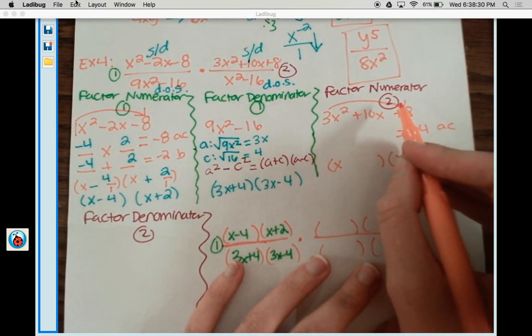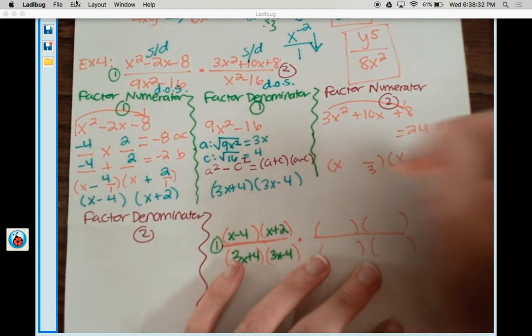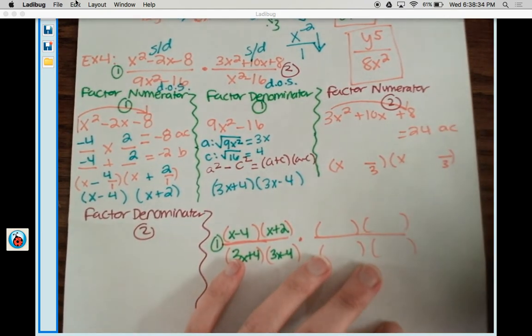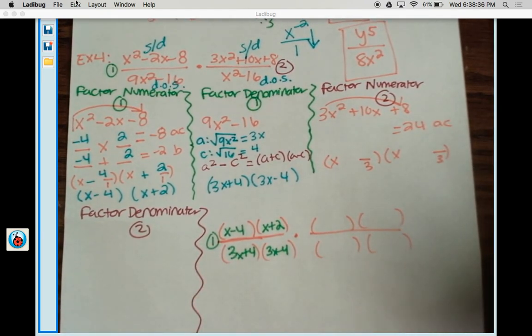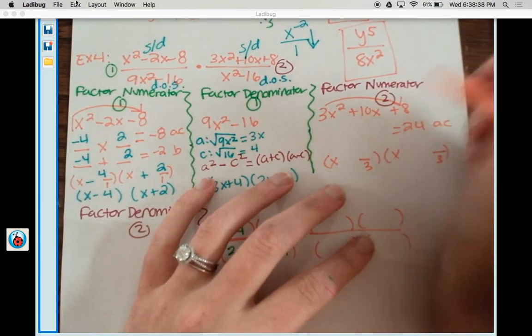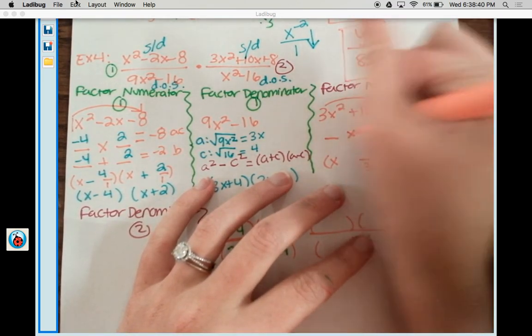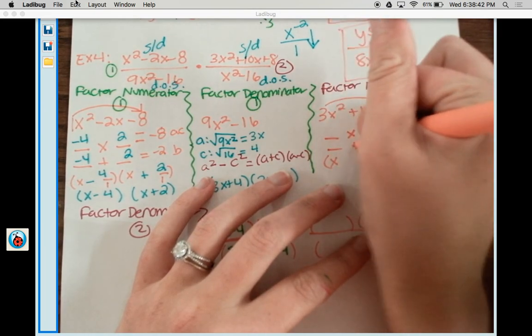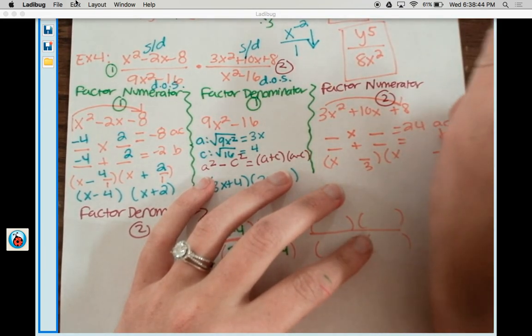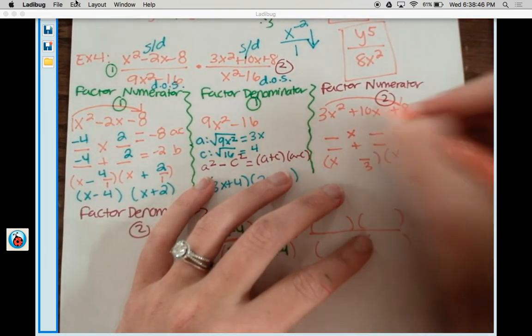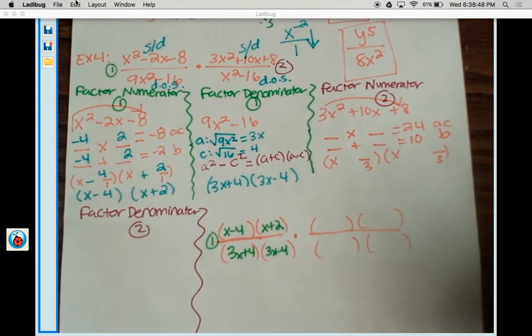We slide the a, which is 3, so we're going to divide by 3. Now we need two numbers that multiply to be 24 and add to be our b, the number in front of the x, which is 10. So two numbers that multiply to be 24 and add to be 10.